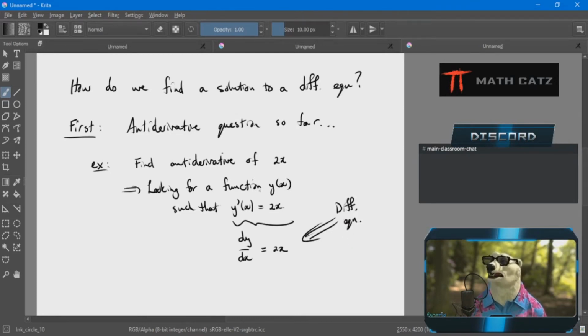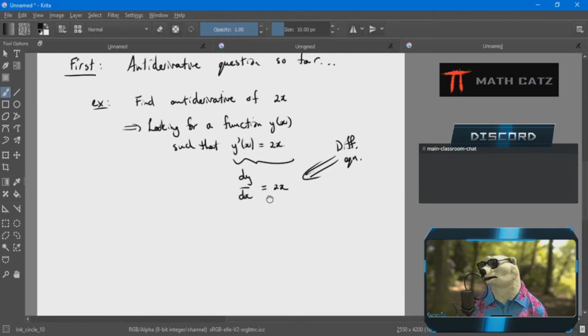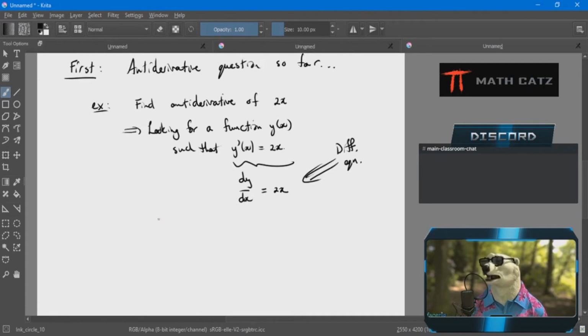And by asking for the antiderivative, I'm asking for a solution to this differential equation. And we know a solution is represented, my function y is represented by this indefinite integral, which I can then just reverse engineer my known derivative properties to get x squared plus c.